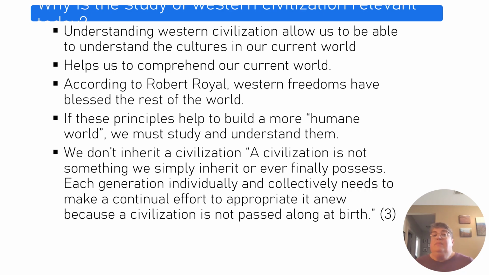So what that says to me is that these ideals of freedom, liberty, and democracy have to be protected by every generation, by my generation, by your generation, so that we protect them for the next generation to come and teach them these same ideals so that they protect them for that next generation, so this moves forward. So without studying this, these ideals could get lost. So that whole idea of Western civilization, Western freedoms is so relevant within our world today.